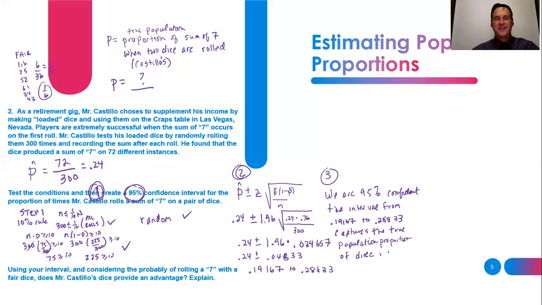And these are Castillo's dice rolls. Maybe I'll put that in parentheses just to emphasize, because he has special dice here. True proportion of dice rolls that have a sum of 7.